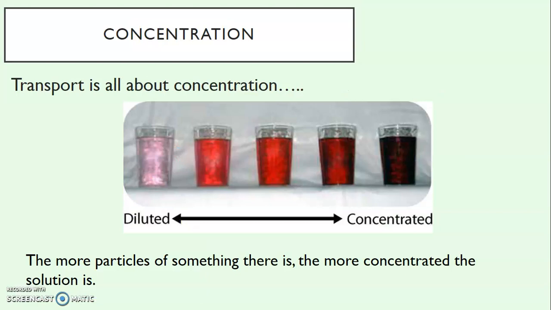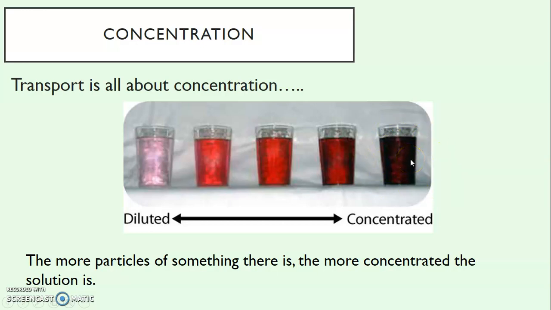Now, when we're talking about transport, about movement, we need to think about concentration. It's really important that you can get your head around this. So when we talk about concentration, we talk about things being diluted or concentrated. The more particles of something there is, the more concentrated it is. So here's some juice, loads and loads of juice or squash particles in there.